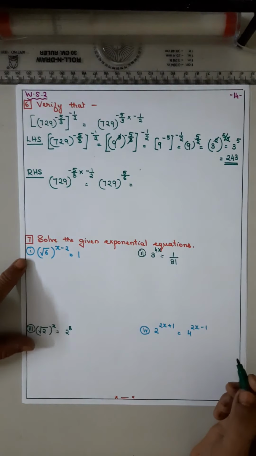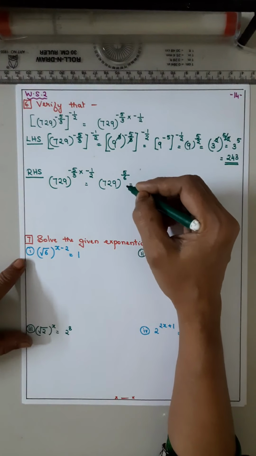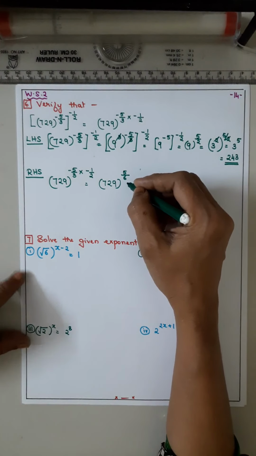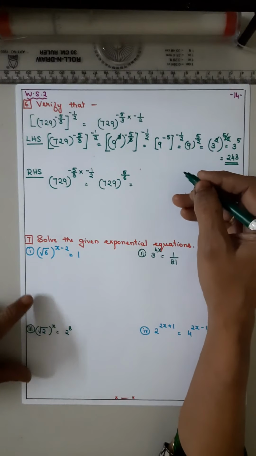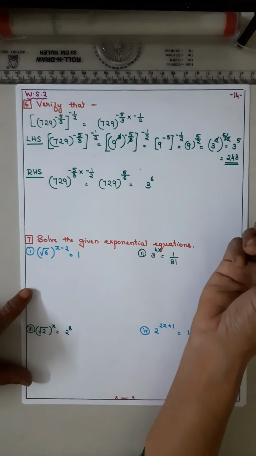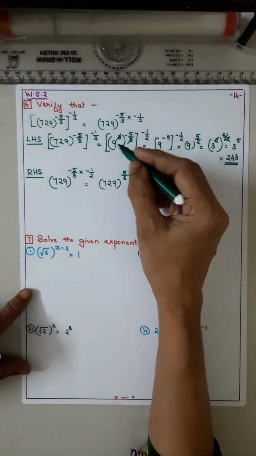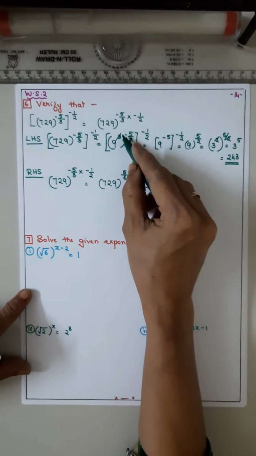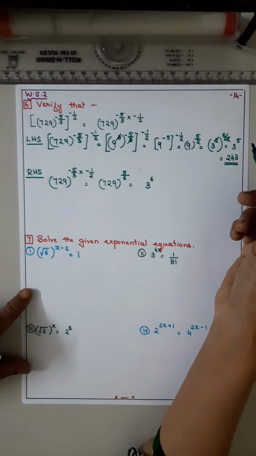Now in the power it is 5 by 6. So the denominator is having 6. So 729 is the power 6 of which number? That is 3 to the power 6. So 9 to the power 3, so it is 3 to the power 6.